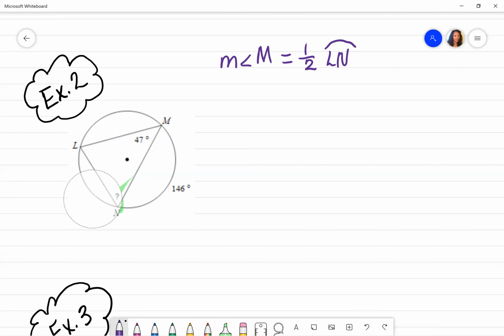And we have enough information to find that arc, and then we can keep working until we can find the other angle that we're actually looking for. So what you want to do is substitute what you know, and what you know is that the measure of angle M is 47 degrees, and it is equal to 1/2 of arc LN.